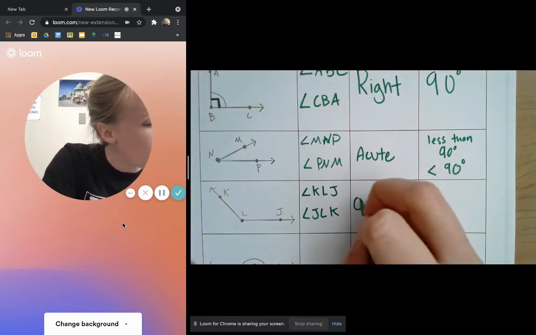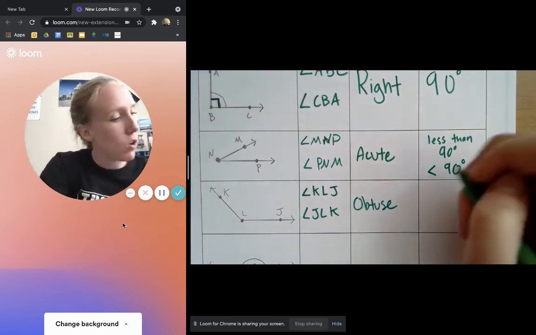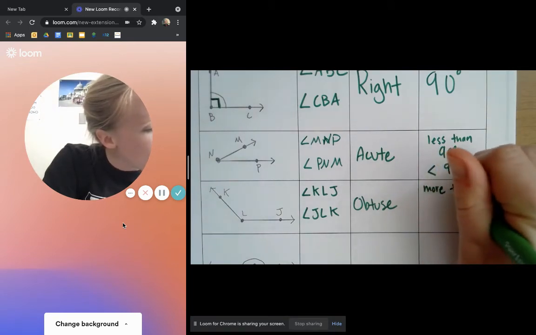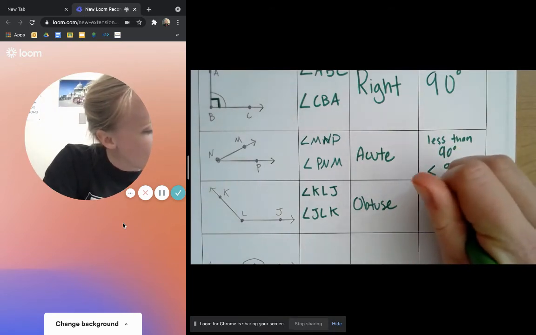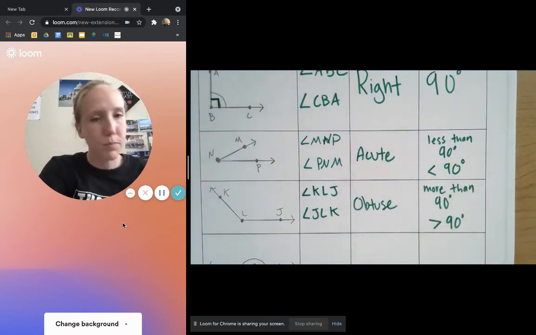So that is obtuse. Any obtuse angle is more than 90 degrees, and you could say that as more than 90 degrees or greater than 90 degrees.